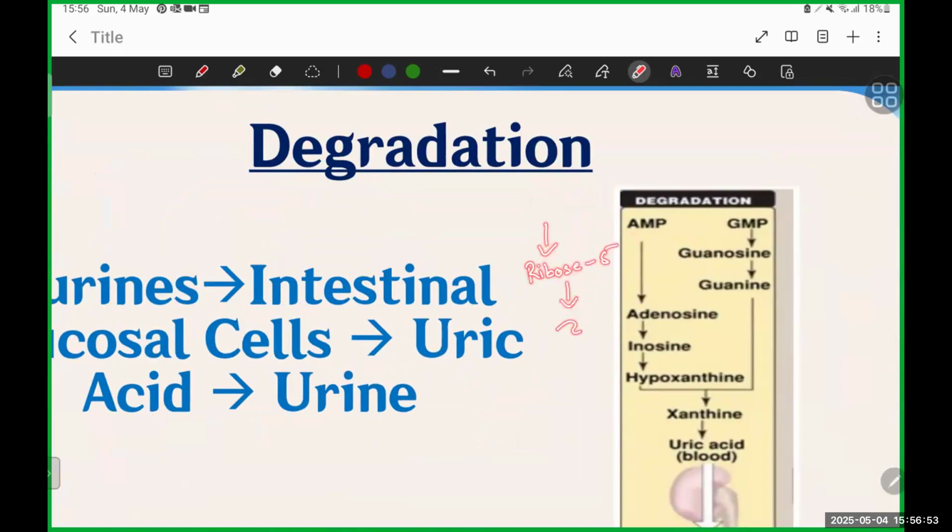How do you activate it? You add phosphate to it, so it becomes PRPP, with PRPP synthetase. All right. Now this PRPP, you're going to add an NH2 to get phosphoribosylamine. All right. Amine. This is the committed step. All right. De novo means you're making it from scratch, by the way. The amine was the committed step, and now you have IMP.